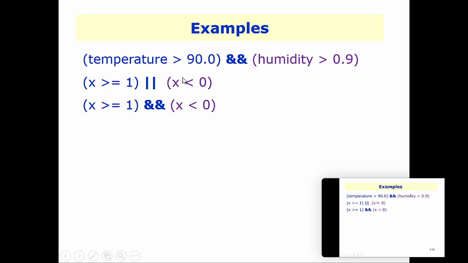As long as you satisfy one of the conditions, it becomes true. What about this? x is larger than or equal to 1, and x is less than 0. Is it possible to make it true? x is larger than 1, less than 0. It is impossible. So this is always false.